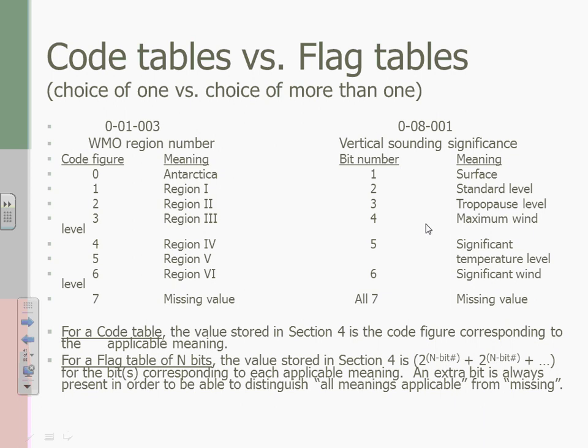So you can have multiple ones and zeros depending on each bit's meaning. One example is vertical sounding significance, and you can choose 0 or 1 for each bit. So it's 8 bits. So a flag table is a bit different, but 0 or 1, you can choose for each.